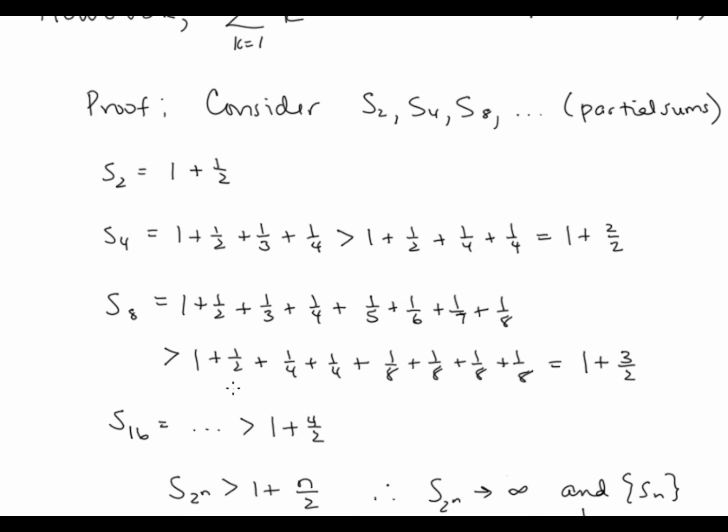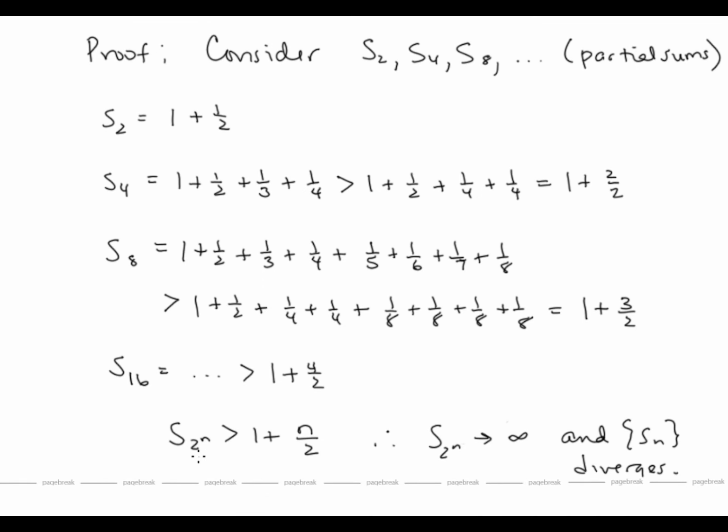And if you follow the same pattern with the terms in the sum S16, you'll get that that summation is greater than 1 plus 4 halves. And in general, the partial sum S sub 2 to the n is going to be greater than 1 plus n over 2. So that says this sequence of partial sums goes to infinity as n goes to infinity.